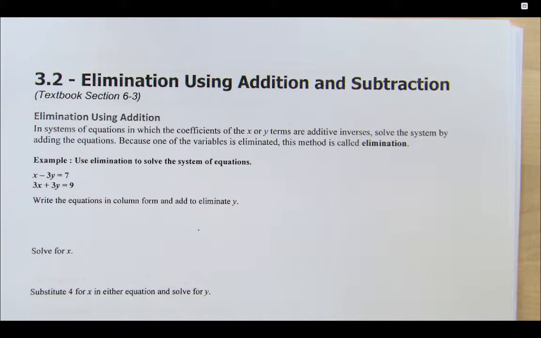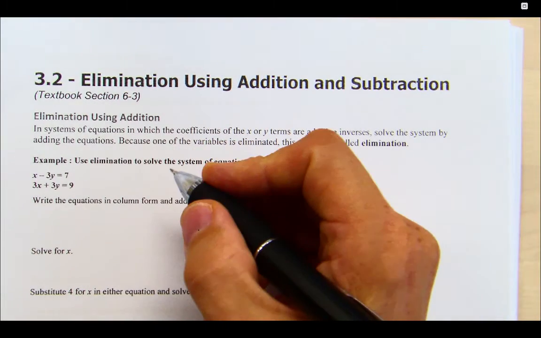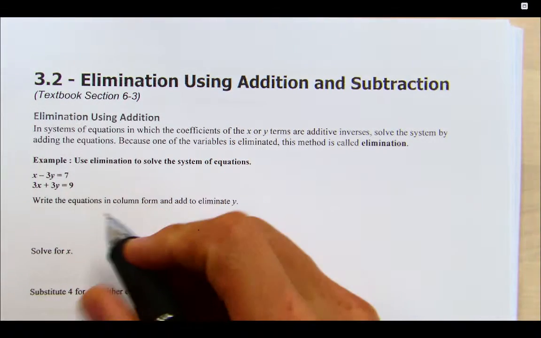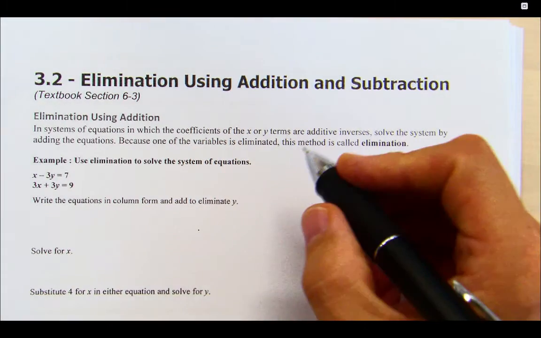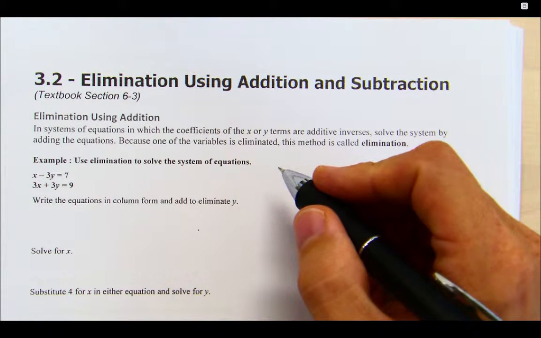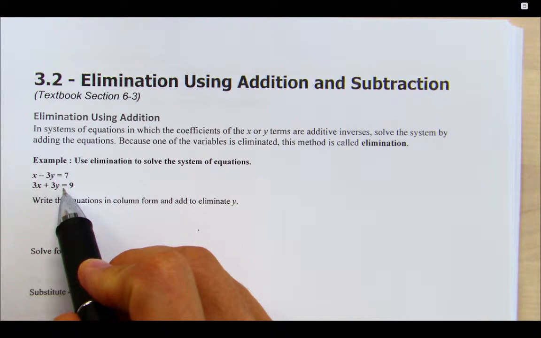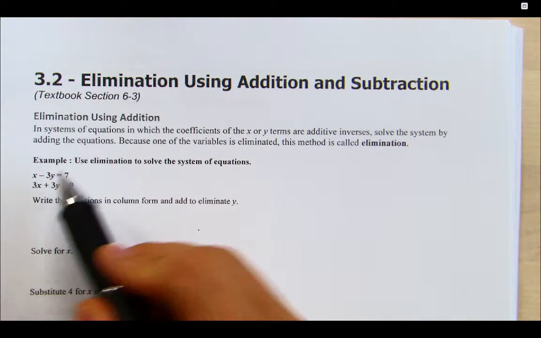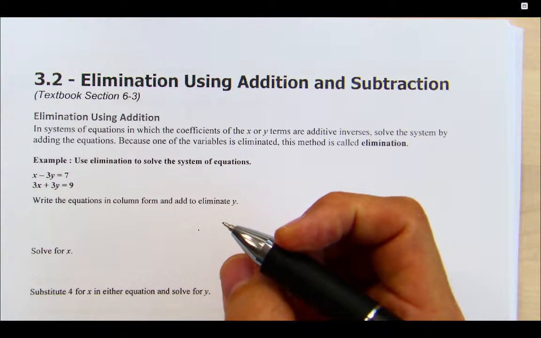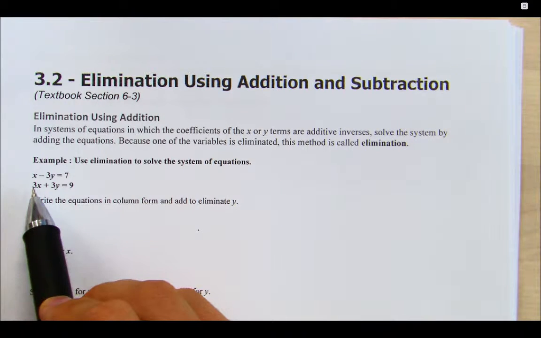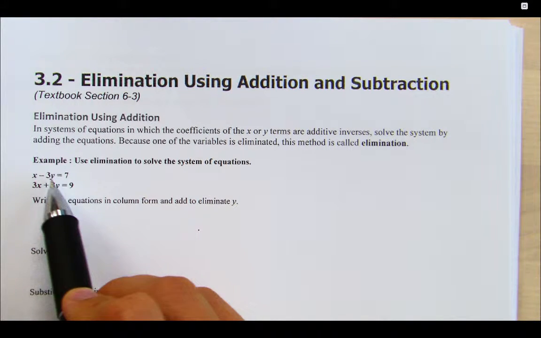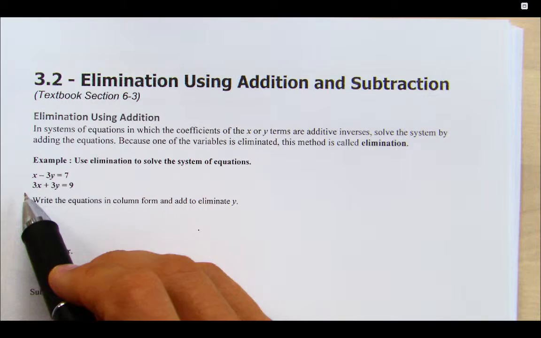So here we go. I'll just go through this example here. When you're doing elimination, really what's going on is you're trying to find the intersection of the two lines that are listed, okay? But rather than turn them into y equals mx plus b form like you had before, we're just going to have them in ax plus by equals c form for both of them.